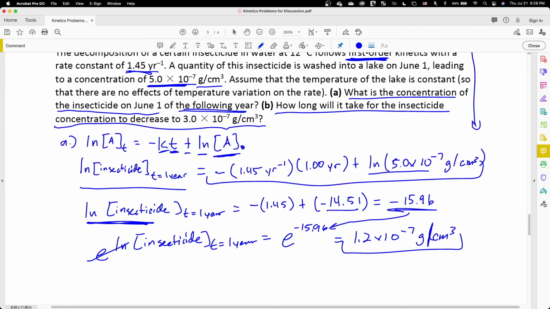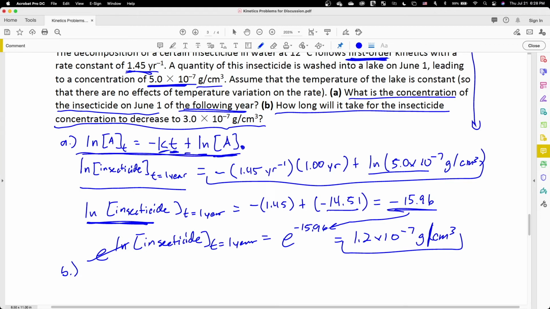Okay? So let's do B now. B asks, how long will it take for the insecticide to get to a concentration of 3.0 times 10 to the negative 7 grams per cubic centimeter? Again, this is easy because all you have to do is plug in the numbers that they've given you, using the same equation as before, because this is a first order reaction.